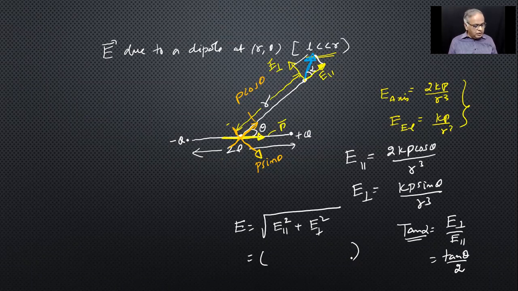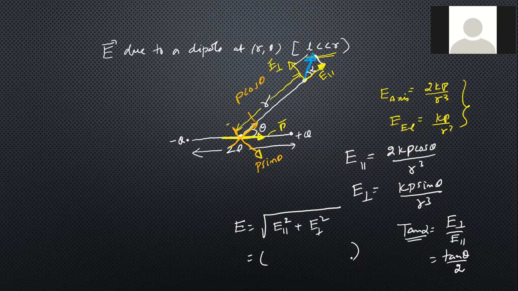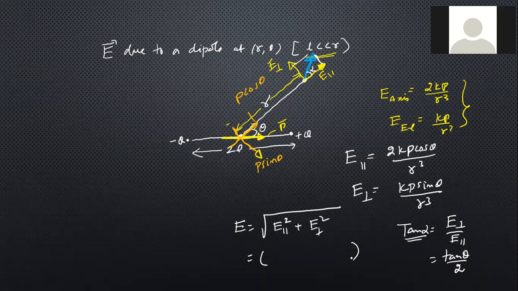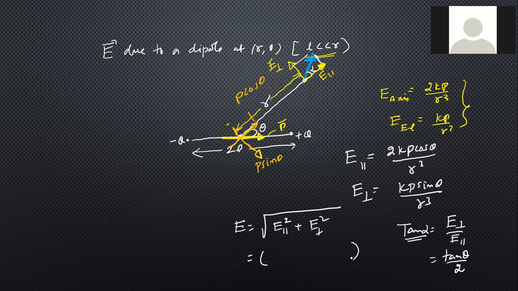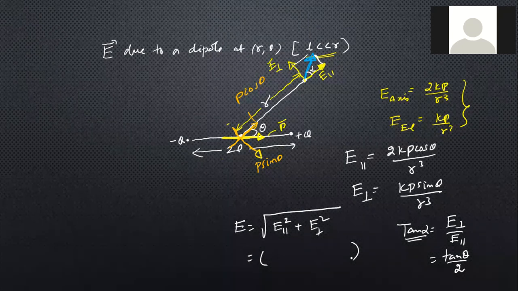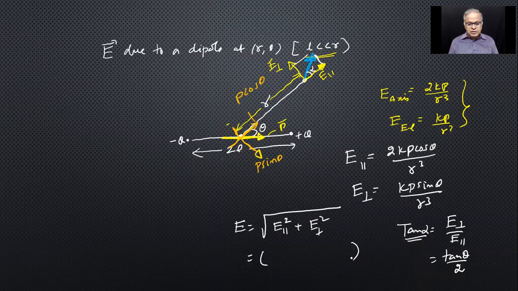See if you understood the idea. For E axis and E equatorial, we took the line between minus q and plus q as the axis, the axis for the original dipole, right?